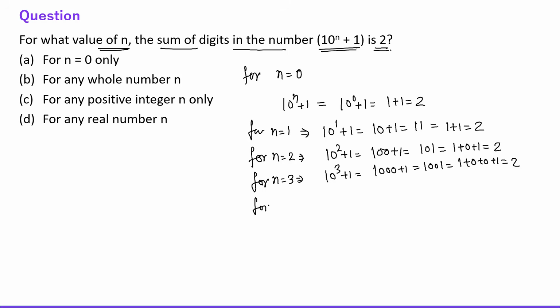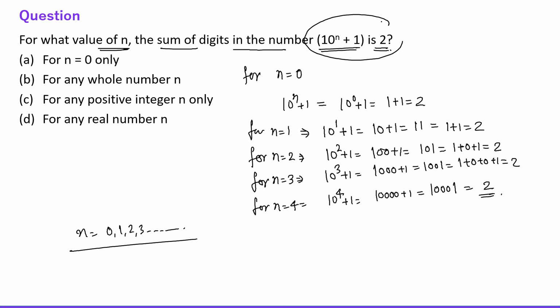For n equal to 4, this will become 10,000 and this is 1. So the sum of digits will be 2. So here, for any value of n starting with 0, so 0, 1, 2, 3 and so on, the sum of the digits of this expression will be 2.